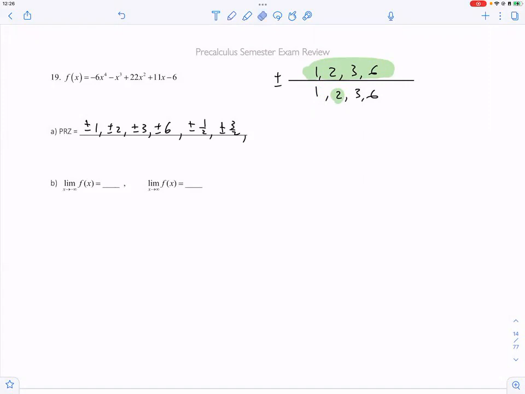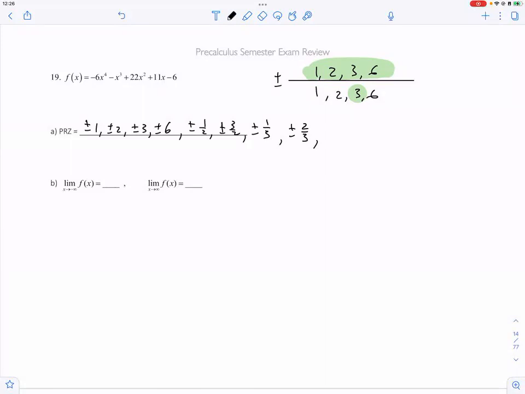And then we go ahead and look at the next factor. So 1/3, it's a new one, so plus or minus 1/3. Plus or minus 2/3. 3/3 is 1, which we have already. 6/3 is 2, we have it already.